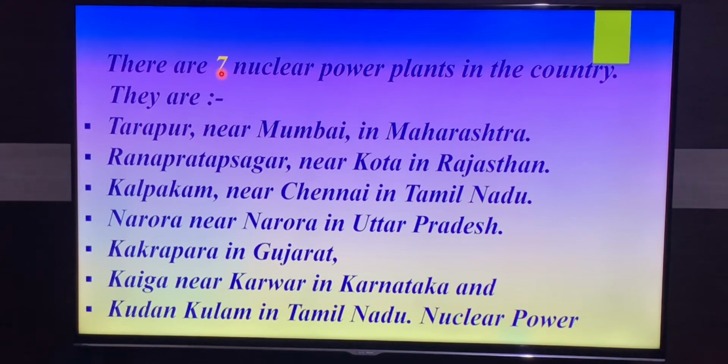So there are 7 nuclear power plants in India. First one, Tarapur, Rana Pratap Sagar, Kalpakkam, Narora, Kakrapara, Kaiga, Kudankulam are the 7 nuclear power plants located in India.